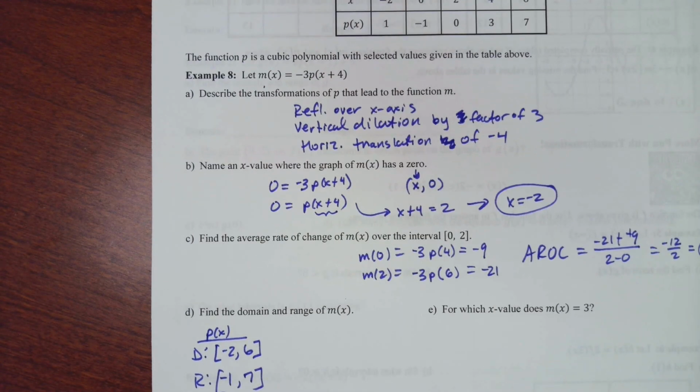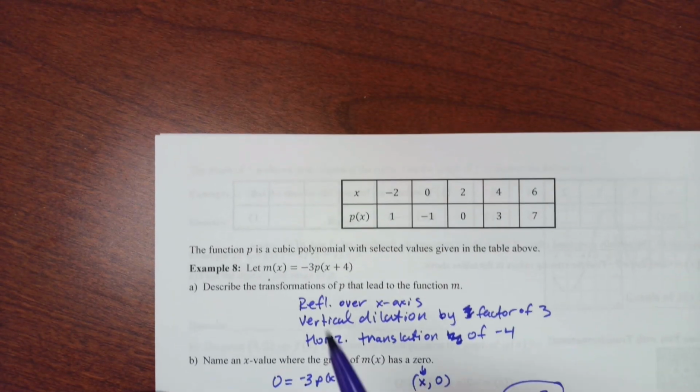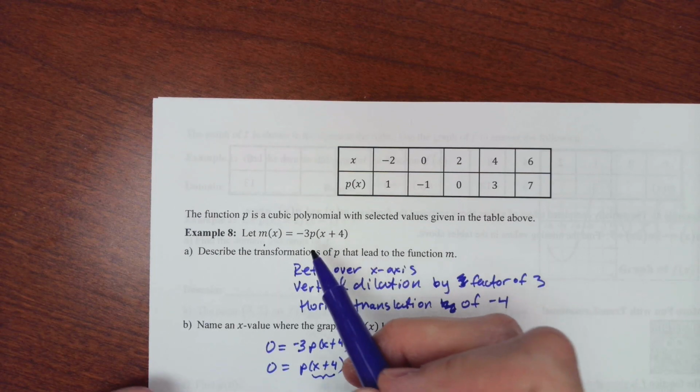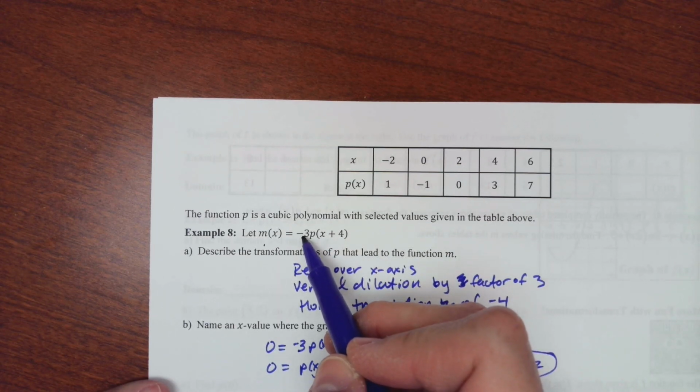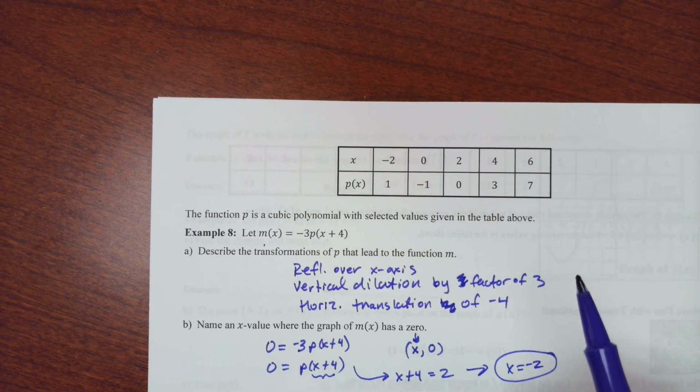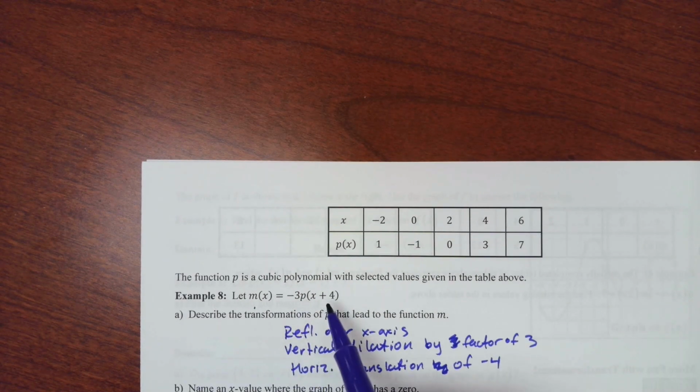Okay, so let's do our thing. So first, let's see. They're reflected over the x-axis. So that means all my y values change. Sorry, I'm just thinking for a second. So my y values are reversed and then they're multiplied by 3.